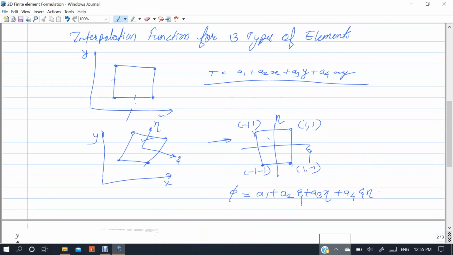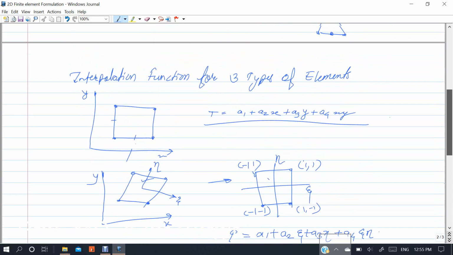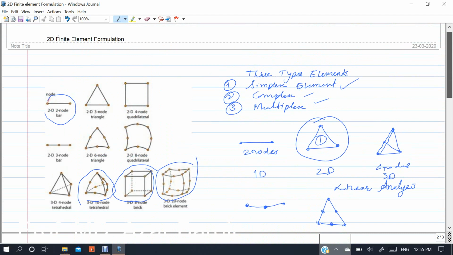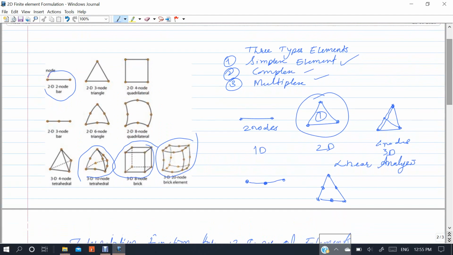So this is all about the three types of elements. This comes under the first one, and this and this will come under simplex. This also will come under simplex. If it is given in x and y direction, then it becomes multiplex.